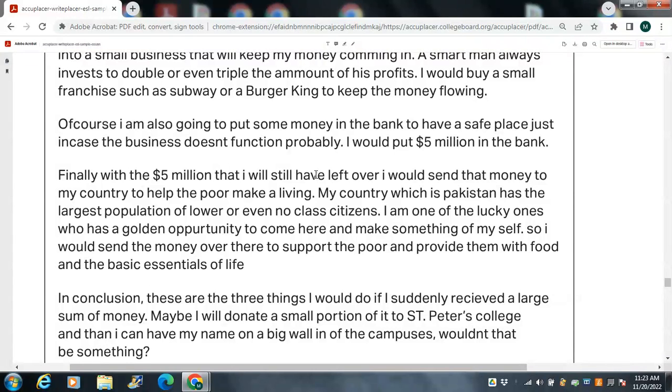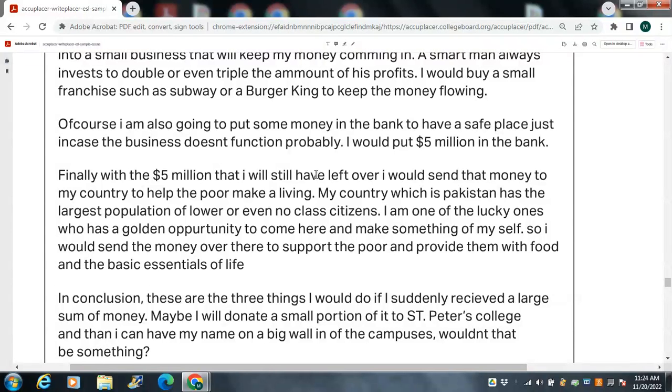My country, which is Pakistan, has the largest population of lower or even no class citizens. So that is set up as a complex sentence. The only issue that I have is no class citizens. So again, as someone living in the United States and from the United States, I'm a little bit confused about what no class means.